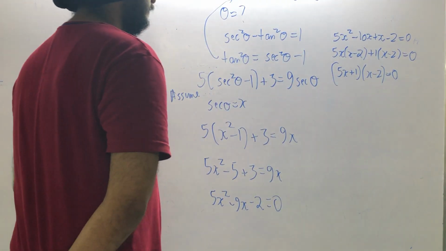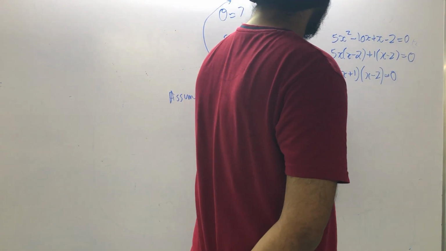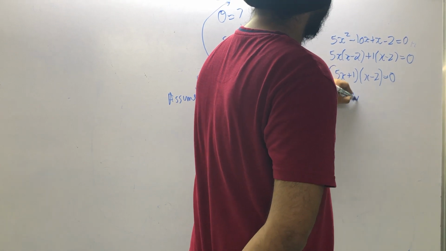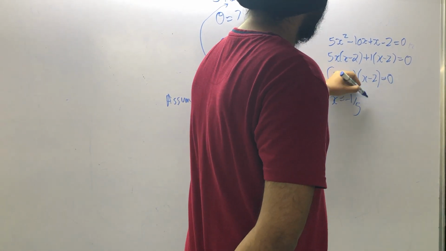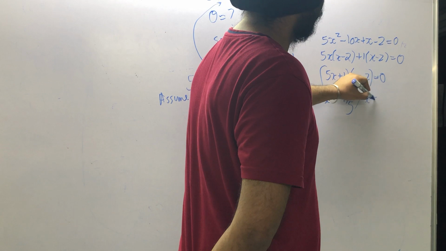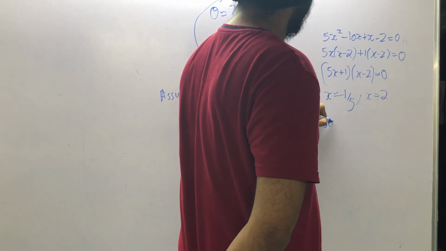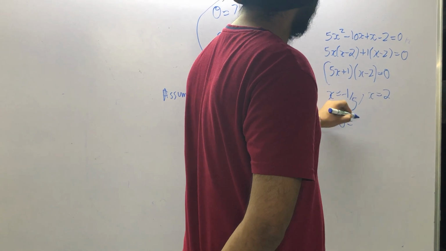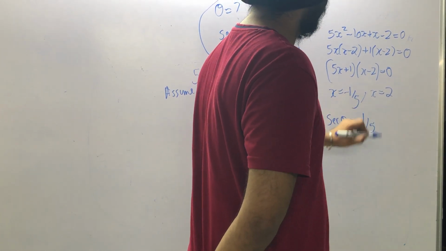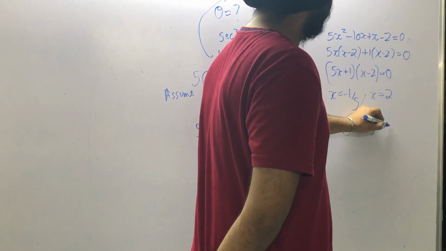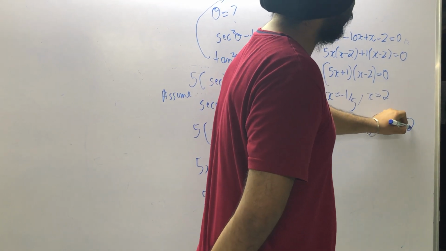Okay. Now x is equal to minus 1 by 5 and x is equal to 2. Okay, or sec theta is equal to minus 1 by 5 and sec theta is equal to 2.